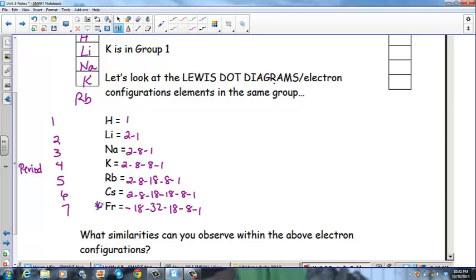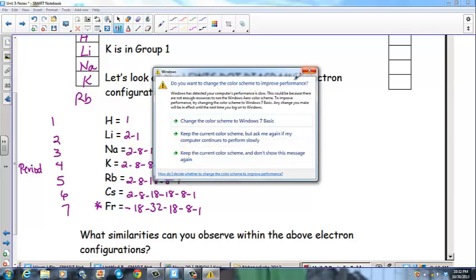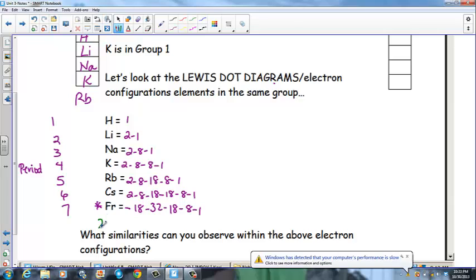Remember, francium has 7 principal energy levels, and we shorten the address for the electrons by kind of skipping the 2-8. So that's what this little asterisk is telling us. The 2-8 still exists, it's just a condensed version on the periodic table, so we have to consider that. 2-8 are the first 2 numbers, then 18, 32, 18, 8, and 1.